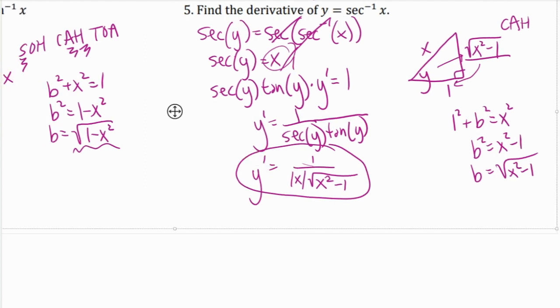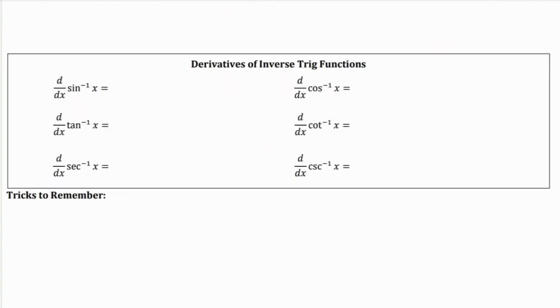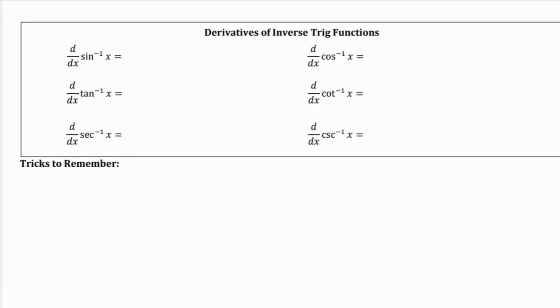Okay, and then how do I memorize these? So let me write out the answers first here, and then we will talk about patterns we see. So derivative of sine inverse of x. Actually, you know what? I'm going to do this at the same time. Tricks to remember. S, T, S. Notice that we have our S's and T's, our sine, tangent, secant.